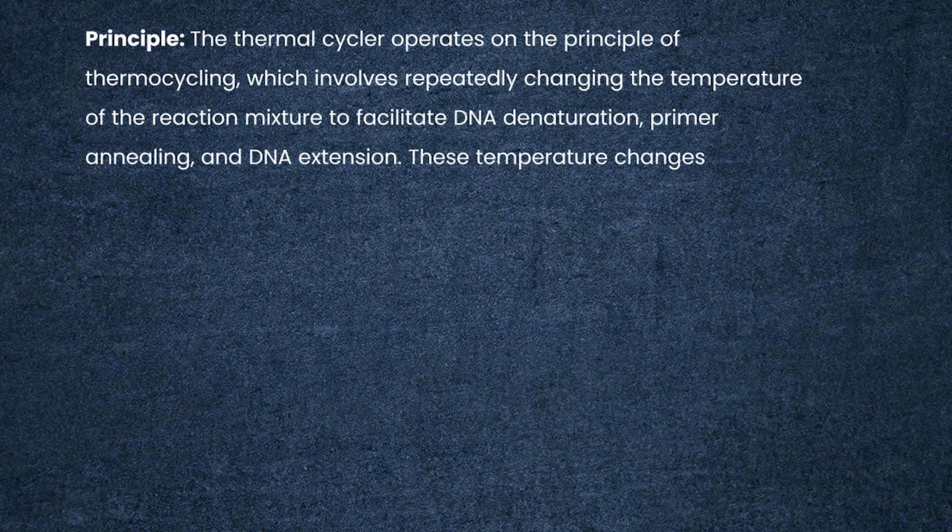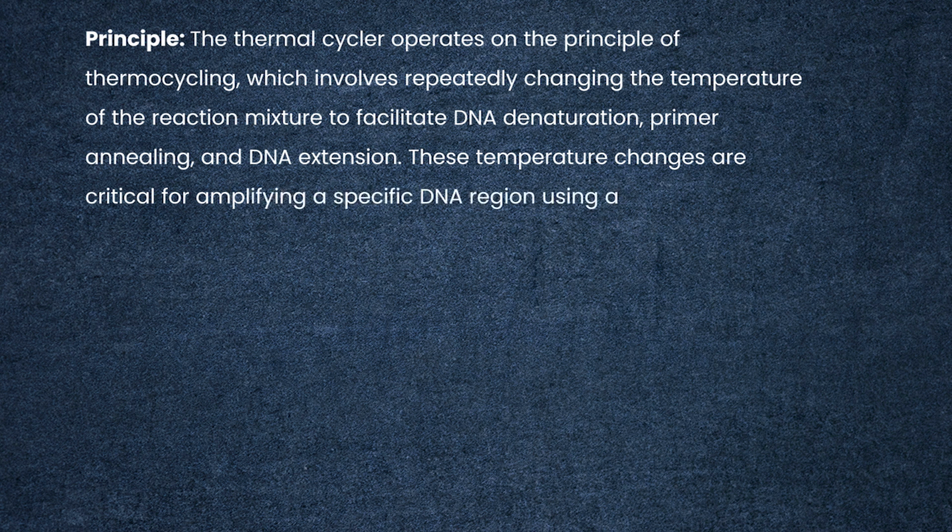These are the three basic steps that bring about the PCR or the polymerase chain reaction. These temperature changes are critical for amplifying a specific DNA region using a heat stable DNA polymerase enzyme, Taq polymerase.